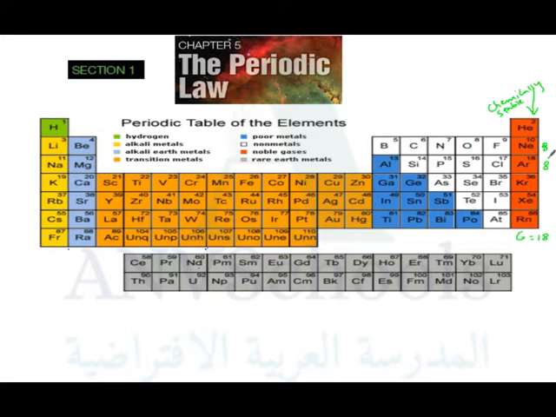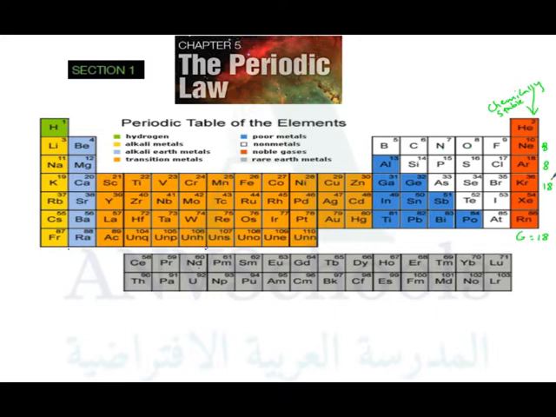And if you count this one, it will be 18. Now this is period 1, this is 2, this is 3, this is 4, 5, and you can see a relation again, which indicates 18. So between helium and neon, the difference in atomic number is 8.